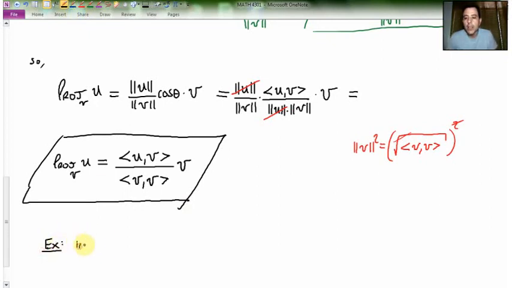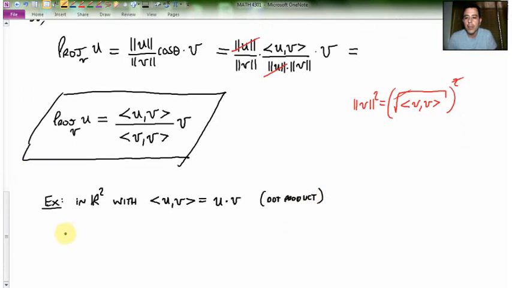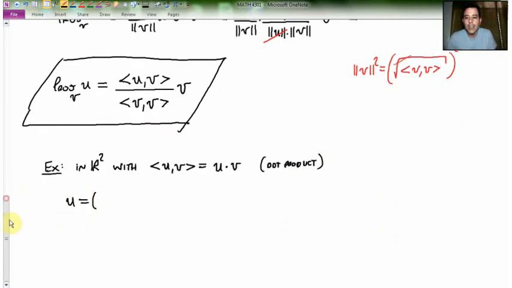Okay, so let's say in R2 with the dot product, where u, v is u dot v. So let me draw a little picture here.